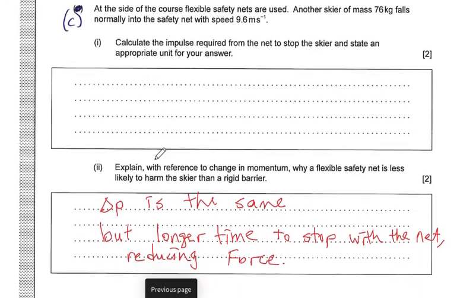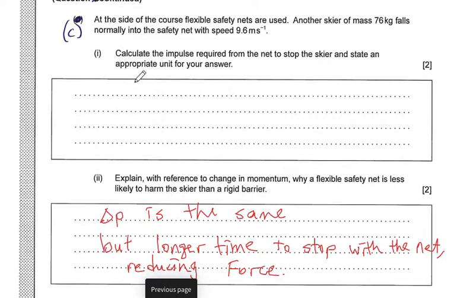Part C is about momentum. At the side of the course, flexible nets are used. Another skier of 76 kilograms falls normally into the safety net with 9.6. So this is the speed the skier hits the net with, and that mass, and eventually it's obviously going to stop. We're asked to find the impulse. We know impulse is force times the time.